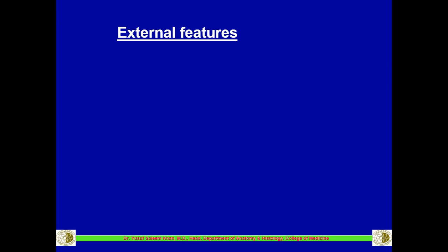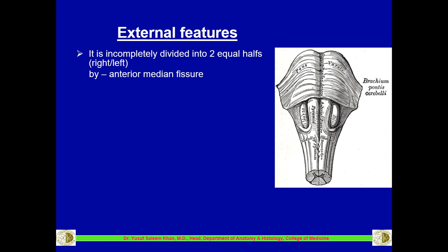Now coming to the external features of the medulla oblongata, it is incompletely divided into two equal halves. If you see this picture, it is incompletely divided into two equal halves by an anterior median fissure. This is the anterior median fissure and the posterior median sulcus.